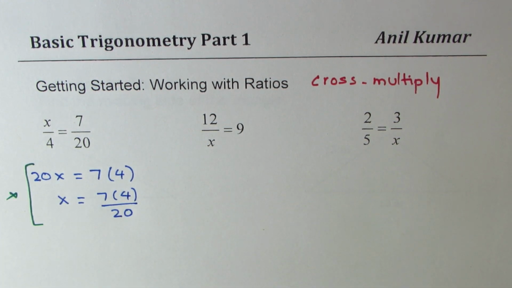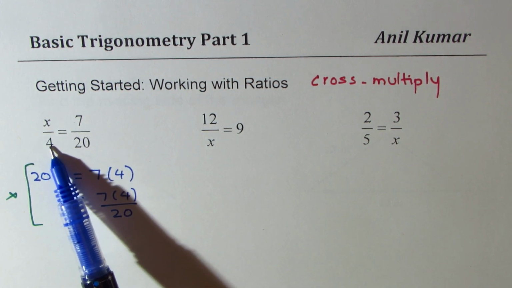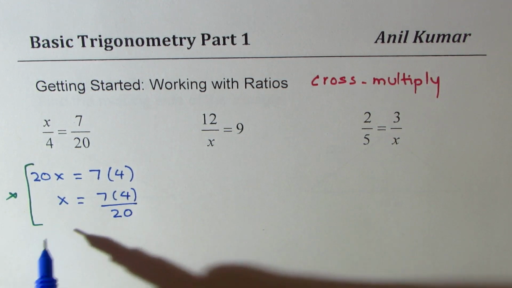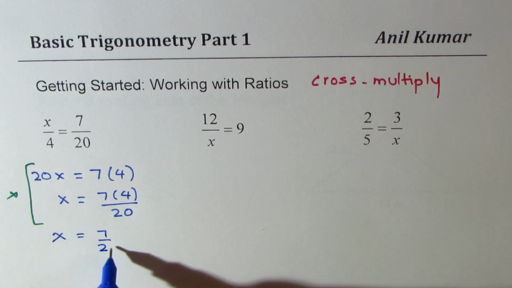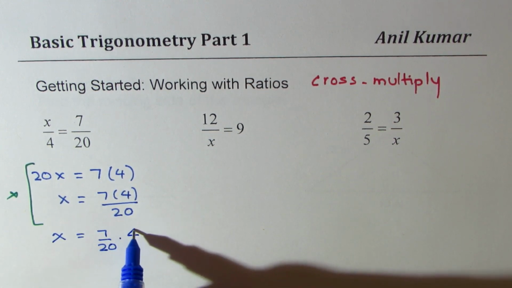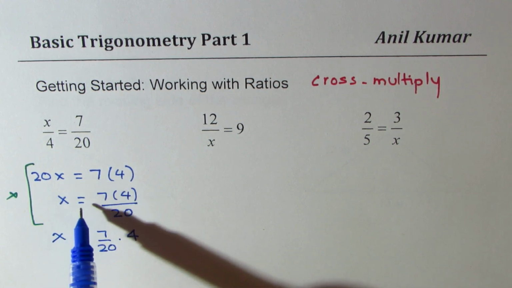What you should do is that straight away you know where x is. Since x is right there, we only do not want this 4 here. So we'll write x equals 7 over 20 times 4. Very simple. That is how we are going to do it, and we'll avoid one step.